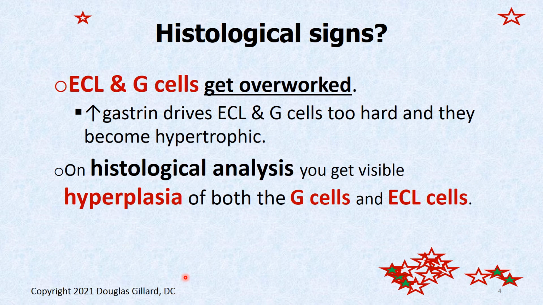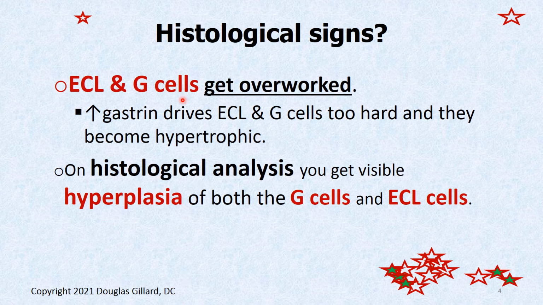All right, so what are the histological signs? I guess we're still finishing up autoimmune gastritis. What are the signs of an autoimmune attack? Well, the ECL cells and the G cells will be overworked. Remember, there's nothing to turn off the G cells from doing their job. They're turned off by high levels of acid in the stomach, and we don't have high levels of acid, so they'll be turned on all the time, so just like lifting weights all the time, they start to get big and hypertrophic.